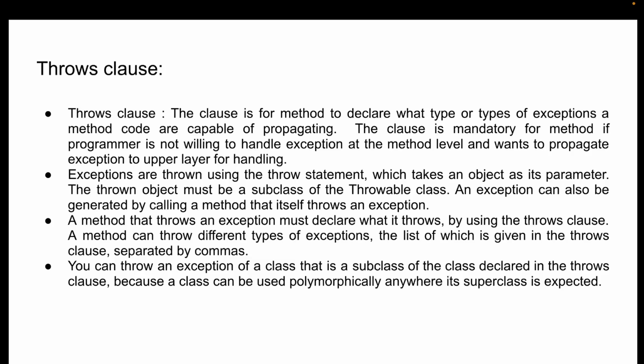Suppose module 2 also does not want to handle that error, so we can propagate that error to module 1, so that the error has to be handled at module 1. This is one example of propagating the error.